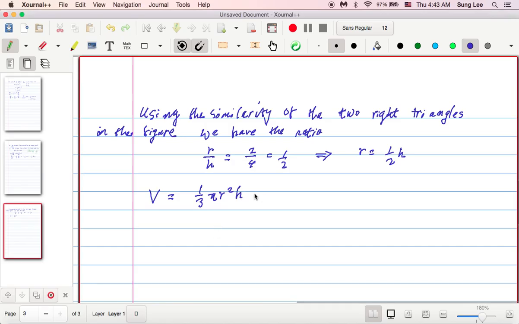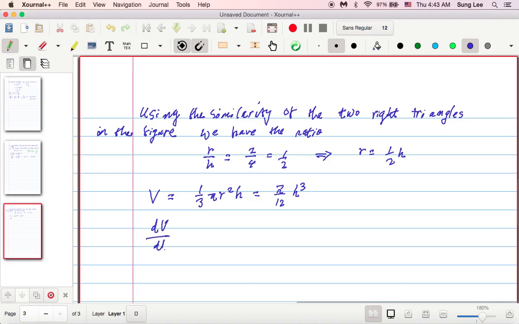But now, replacing R by H over 2, we get pi over 12 pi times H cubed, just pi over 12 times H cubed.